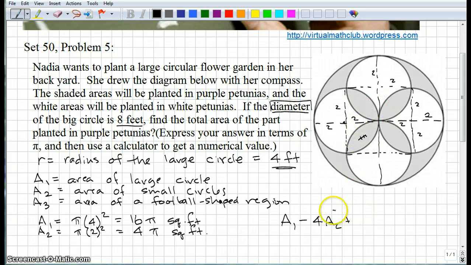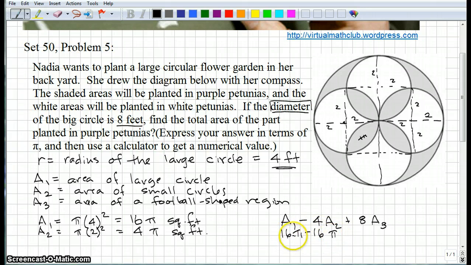So we're going to have to add back in 8 of the A3s, because we're subtracting them 8 times when we subtract the area of the larger circle. And the interesting thing here is that we have 16 pi for the area of the large circle, and 4 times 4 pi is 16 pi.